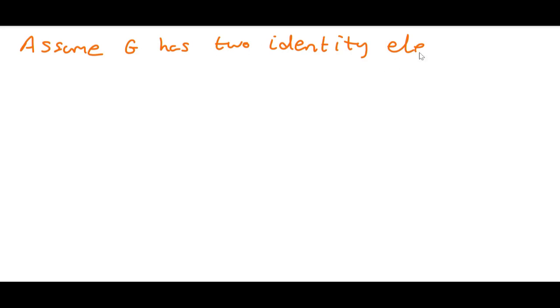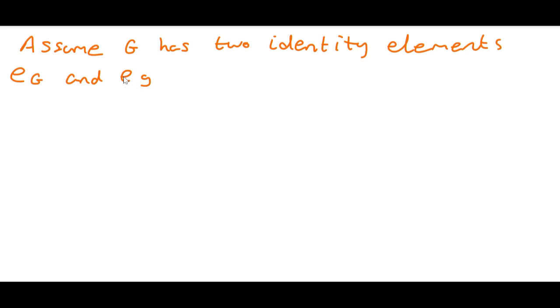So we're going to assume G has two identity elements, E capital G and E small g. Okay, and then we're going to look at what the consequences of this are.